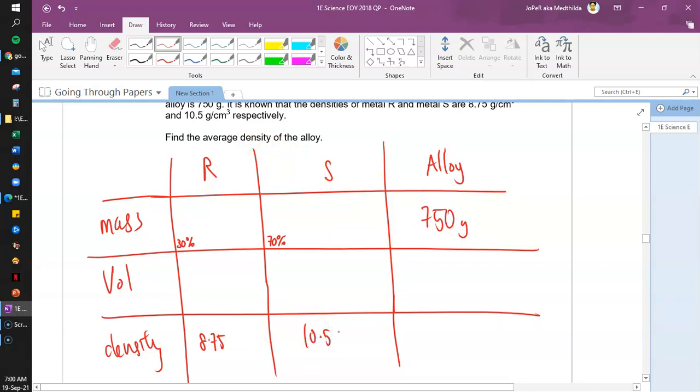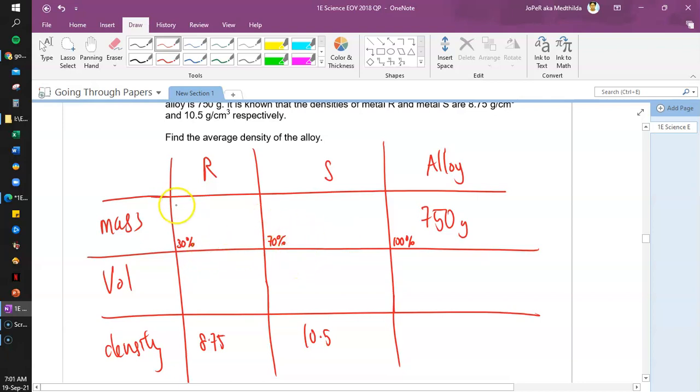So let's do this step by step. First thing, I got the mass of the alloy, which is sort of like 100%. If I know the mass of the alloy is 100% and is 750 gram, I can find 30% and I can find 70%.